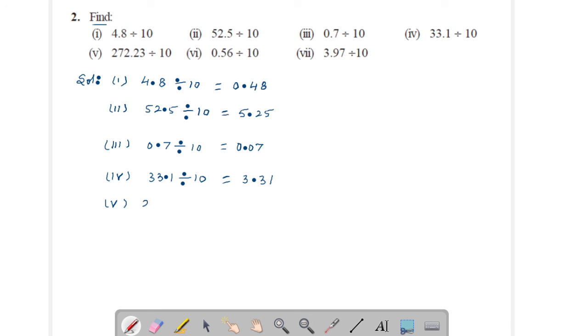It is 272.23 divided by 10. Here in 10 there is 1 zero, therefore the decimal will shift towards left hand side one digit. Your answer will be 27.223. Then come to sixth part.